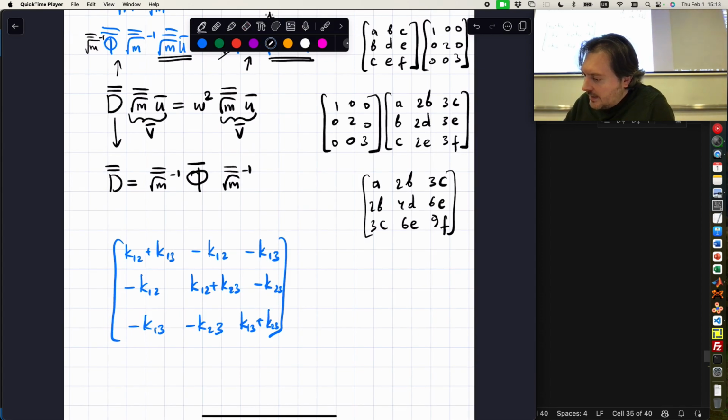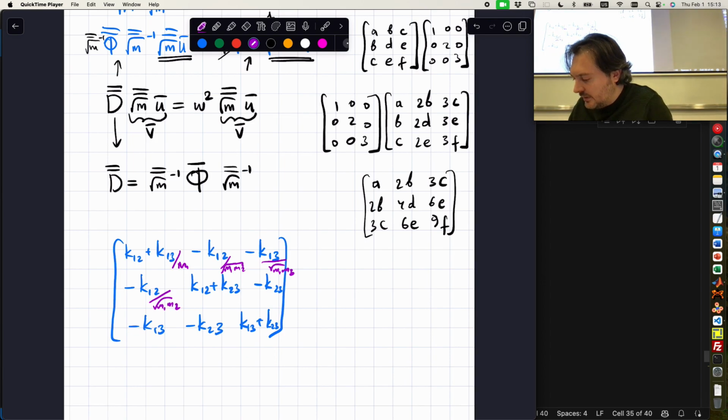So we have basically this same matrix, but we are going to have divided by m1, divided by square root m1 m2, divided by square root m1 m3, divided by square root m1 m2. Do you see it? It's still symmetric. Does everyone see that?